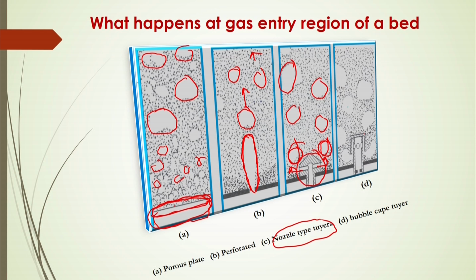And in the bubble cap tuyere, in this case again a horizontal jet will be forming, from which there will be bubble formation.